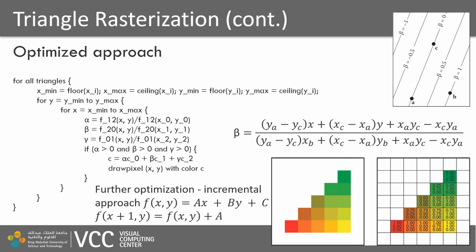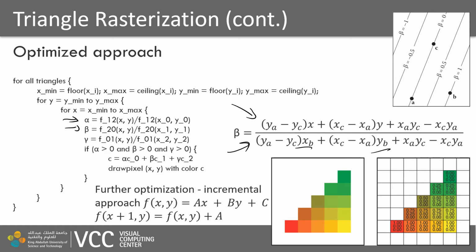Please note that in this case, we also have the alpha, beta, and gamma computed here, and it is computed based on the equation which we had already before, where we have the equation of the line, which is then normalized or scaled by the equation of a line with putting in the particular values of the point B, in this case for the beta.